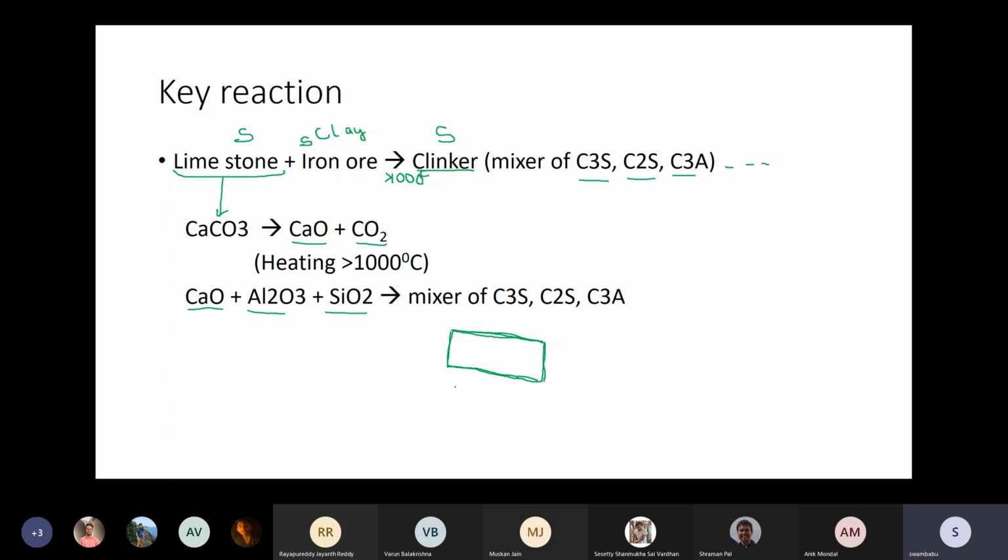I will hint, it will start with K. I explained earlier, maybe you could not recollect. That is called a kiln, rotary kiln, or rotary dryer. For this simple heating, a rotary kiln is sufficient for clinker formation from the limestone and the clay or iron ore materials.